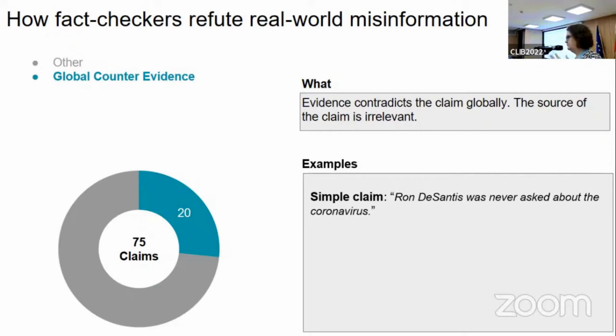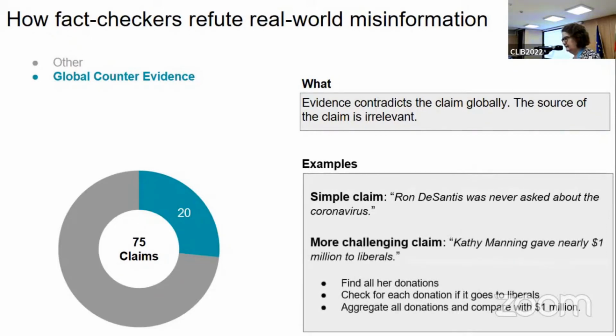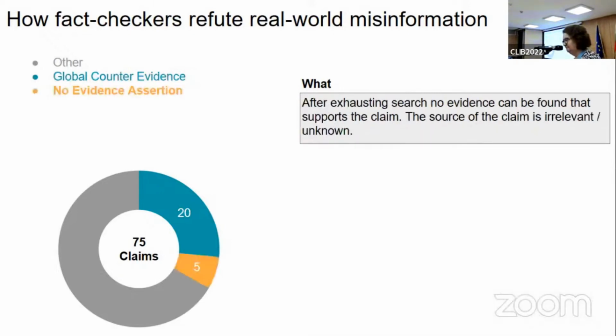If you find an interview where he is asked about that, then you can infer that this is wrong. A more challenging claim is: Kathy Manning gave nearly 1 million to liberals. To debunk this claim, you need to find all her donations, check for each donation if it goes to liberals, and then aggregate all donations and compare with 1 million. You can imagine how complex such an NLP system needs to be in order to debunk this claim.